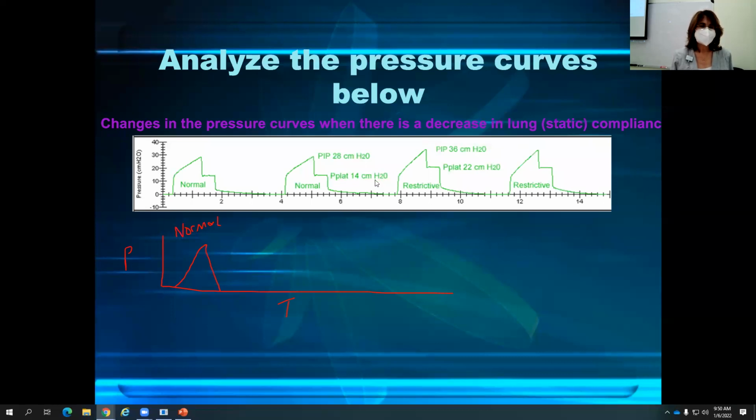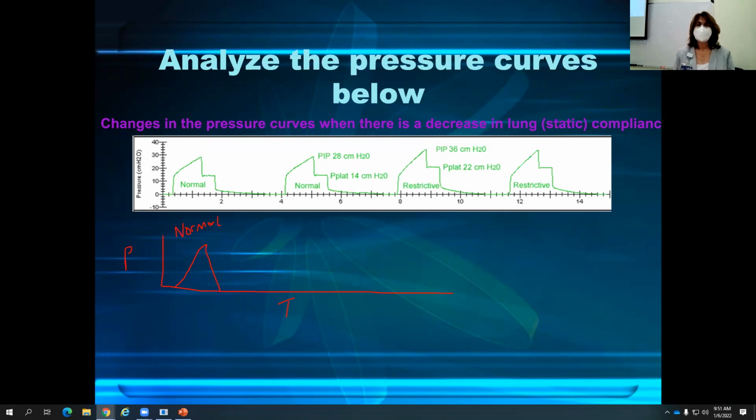So here our plateau pressure was 14, and here our plateau pressure is 22 centimeters of water. Why would we have the patient's plateau pressure go higher? And I want to explain why. Okay, I want to leave it simple.